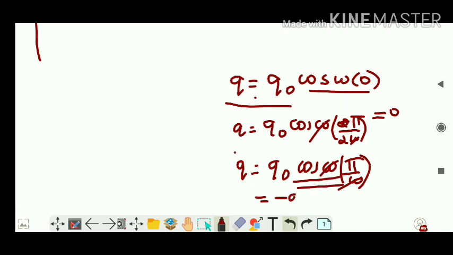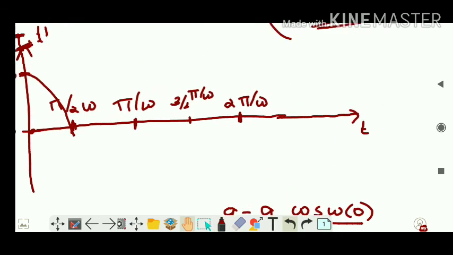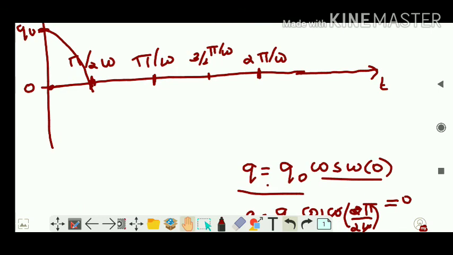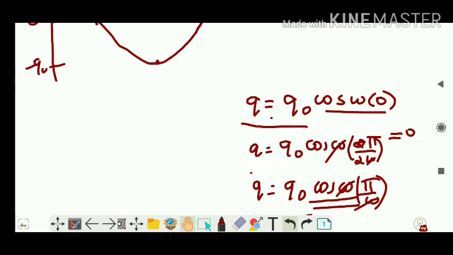So it is minus Q naught at pi by omega. Let's say this is minus Q naught. You will have the corresponding value like this. So obviously now you can finish it. Clear?